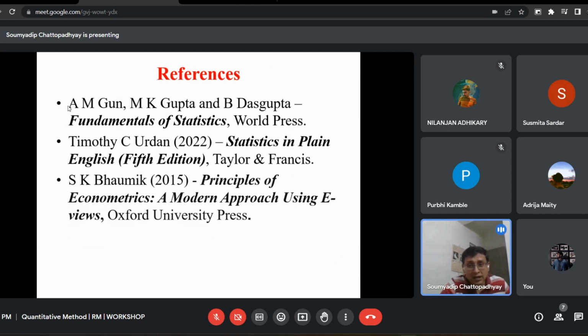The second is Statistics in Plain English, published by Timothy C. Urdan. The first book is purely for students of statistics, so you may find it a little different. But if you want to apply some of the statistical measures for your analysis, look at Statistics in Plain English. There are lots of examples which might be helpful for you to use some of the measures I have discussed in today's presentation.